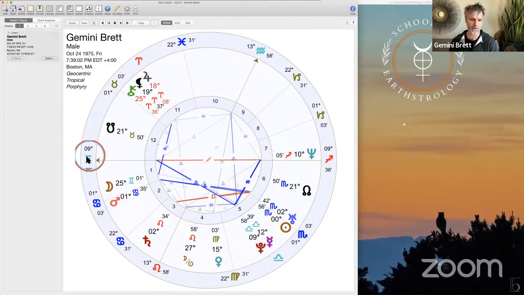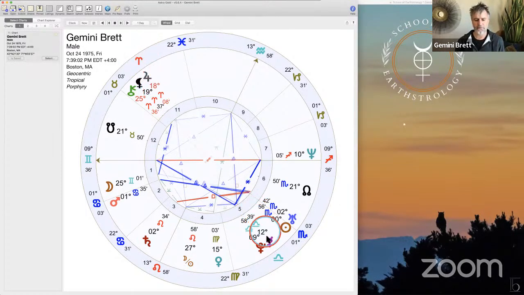Some astrologers would say, okay, well, look at the dispositor of the first house, right? Gemini, and so that's Mercury. And the ruler of the seventh house, right? Sagittarius, so that's Jupiter. What's their relationship? Oh, they're in opposition. And because Mercury is moving much faster, in fact, Jupiter is moving retrograde. That's indicated by these red numbers in this particular display in Astro Gold software.